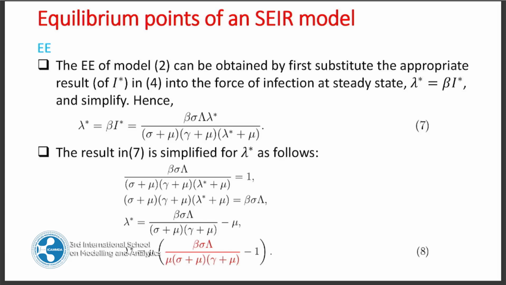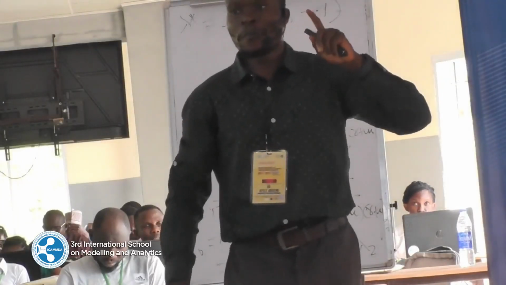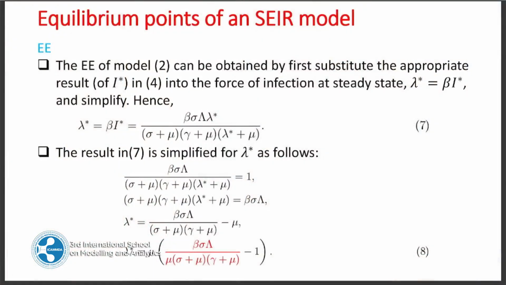It means we can finally express lambda star as mu into R naught minus 1. That means as long as R naught is greater than 1, there will be existence of a positive endemic equilibrium.